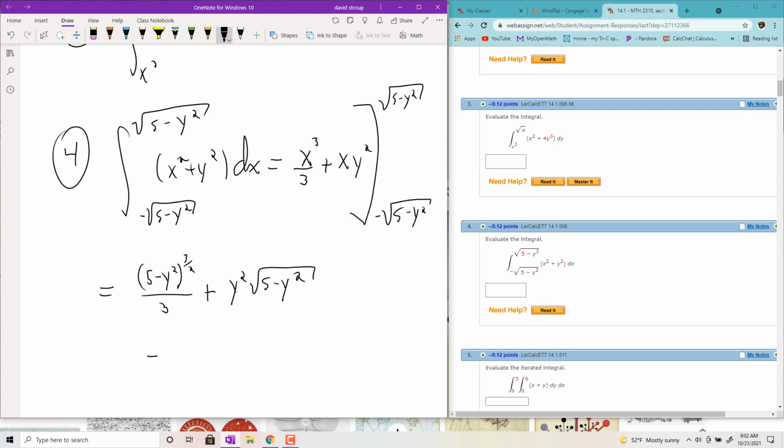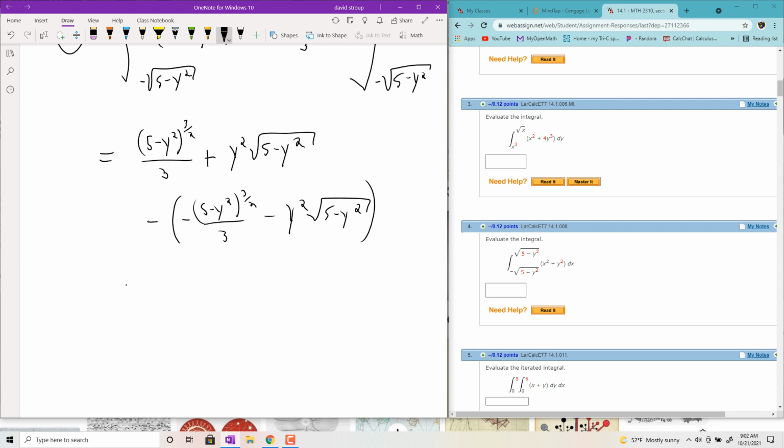Then minus, the first one will be negative 5 minus y squared to the 3/2 all over 3, and then minus, again, y squared square root of 5 minus y squared. Combine like terms: there'll be 2 of these 5 minus y squared to the 3/2 all over 3, and 2 of the y squared square root of 5 minus y squared.